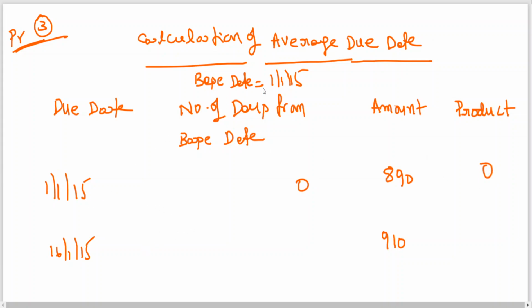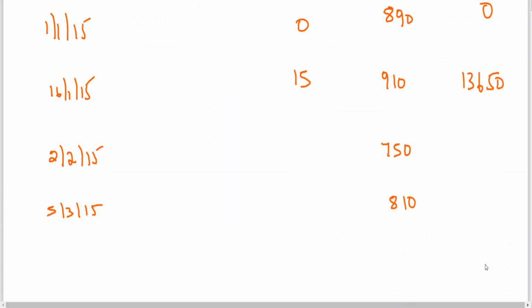From 1st January to 16 January, 15 days, 15 days into 910 rupees, it is coming to 13,650. Second, February 2nd. 1st January means 30 days balance, January plus February 2 days up to February 2nd, 32 days. 32 days into 750 is 24,000.